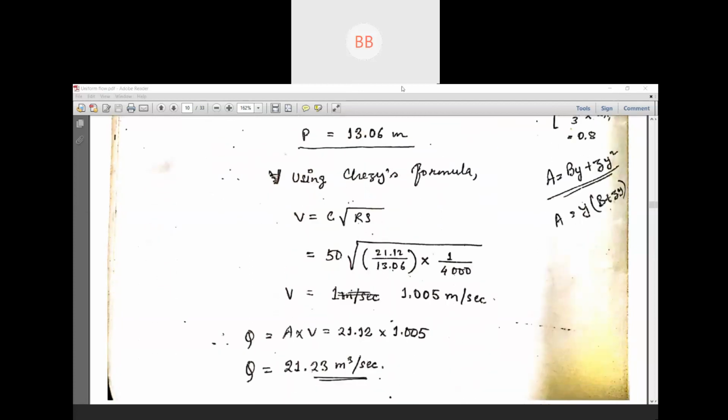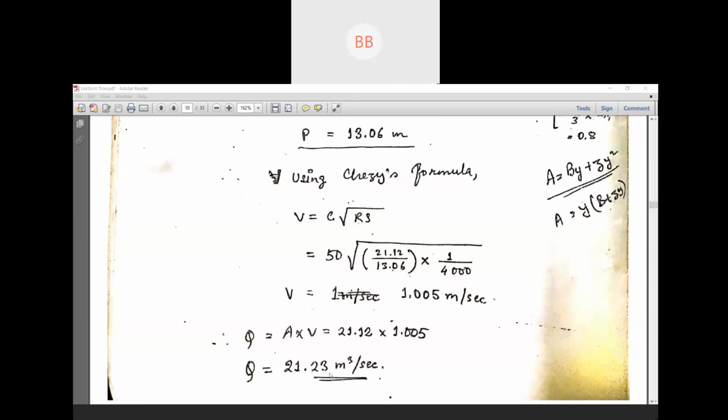19. See, if the area you are getting is 21.12 and the velocity you are getting is 1, then it cannot be 19.